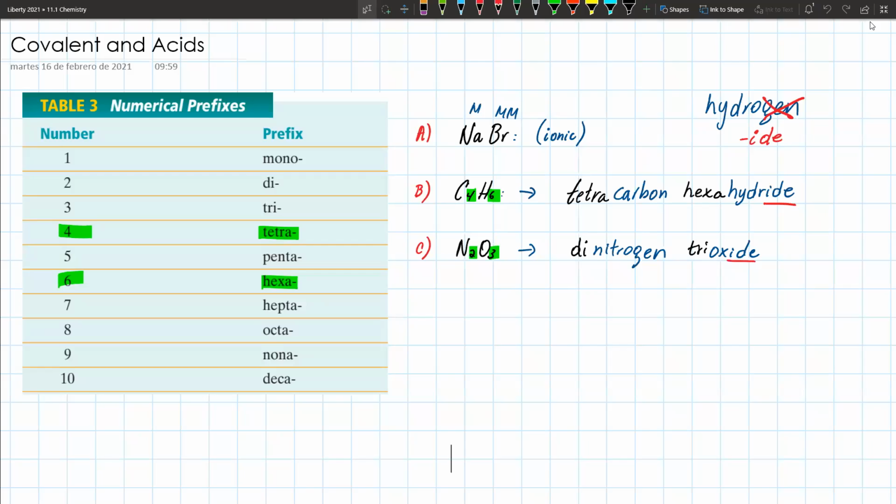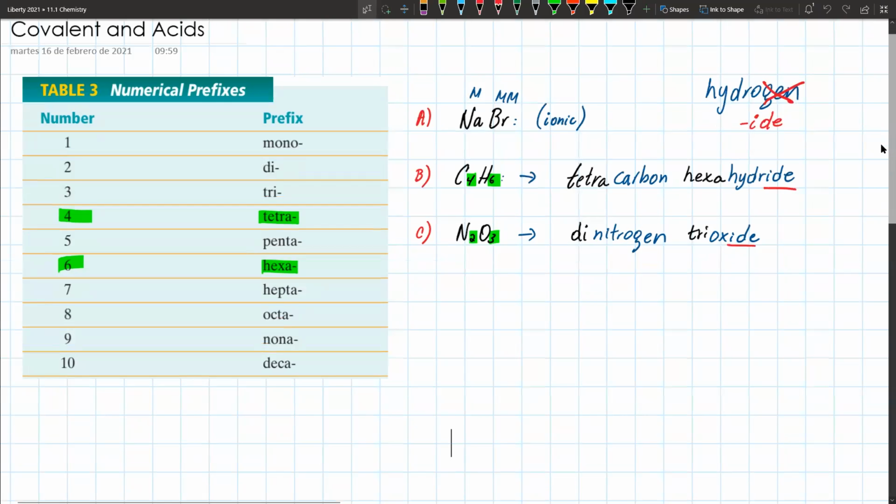Now, I will put more examples and I'm going to be calling you, or if you want 5 different volunteers. Let me know how you prefer.